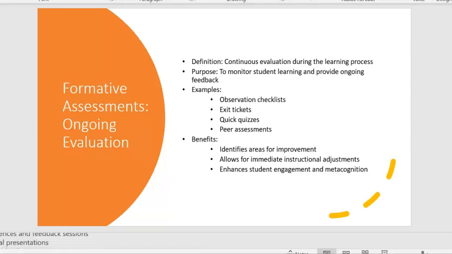It could be even informal presentations that you have the students do after you have taught what you are wanting to teach. It could also be doing student feedback surveys where they are giving you feedback so that you can see where they're at or how they feel about where they're at.